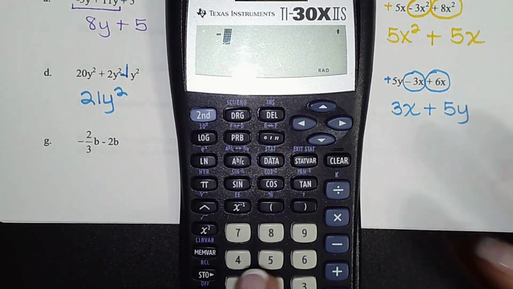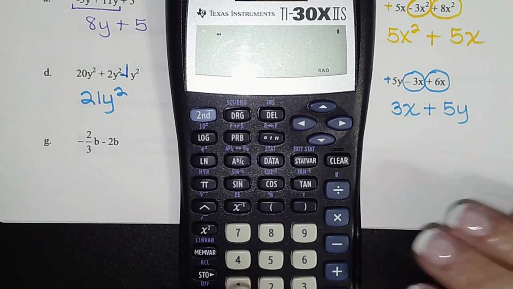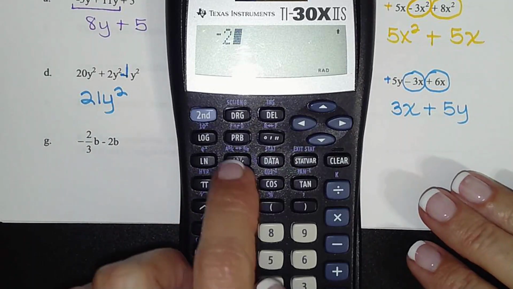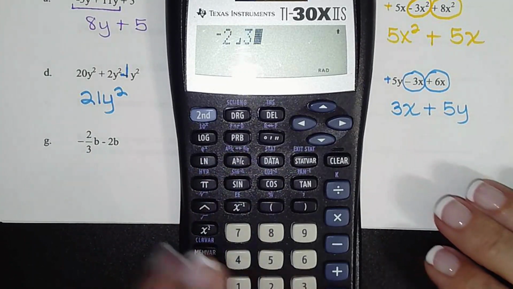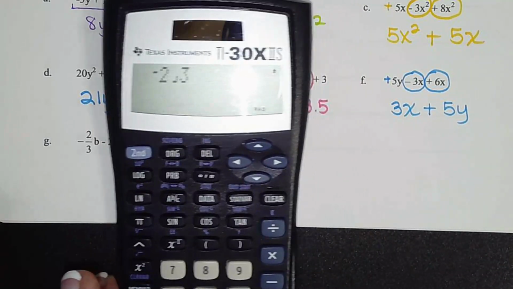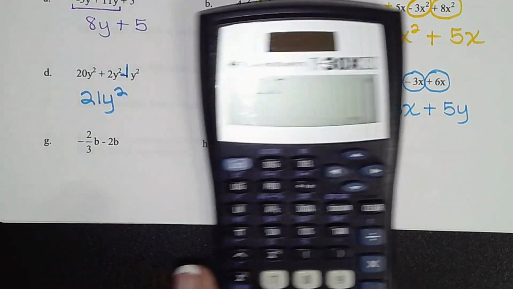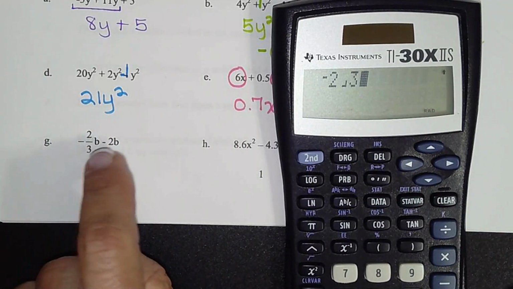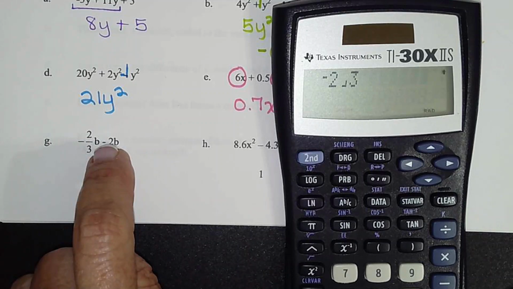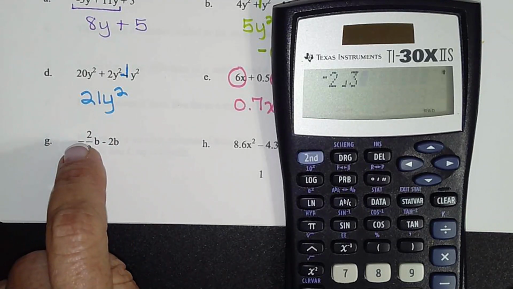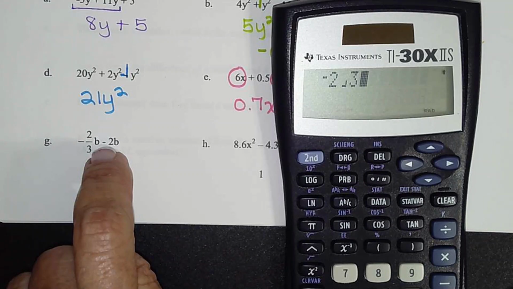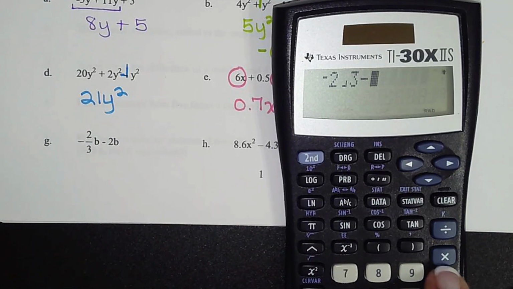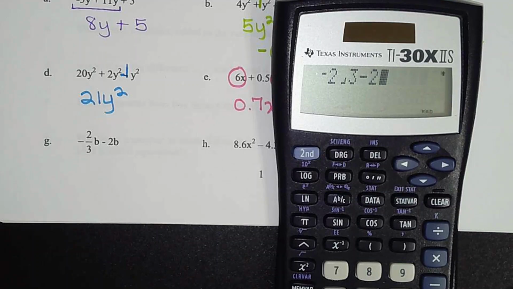And then I do 2 fraction bar 3, and this is what it looks like when you are trying to get it out of the glare. There it is. And then now this is a subtraction. So see the difference out in front, but this is subtraction. Then you subtract 2, and that will tell you it's negative 2 2/3.